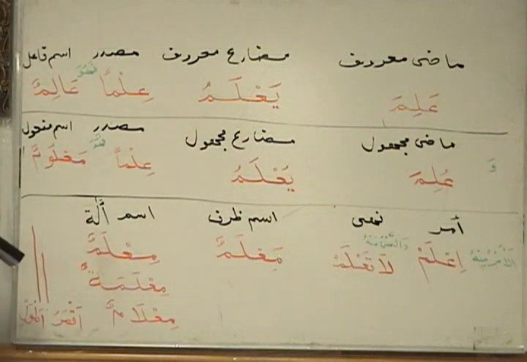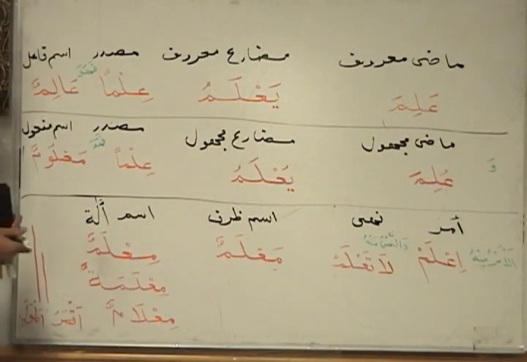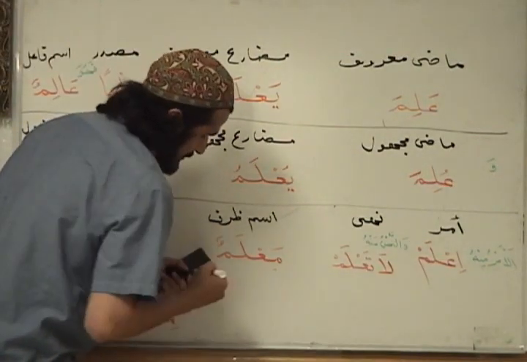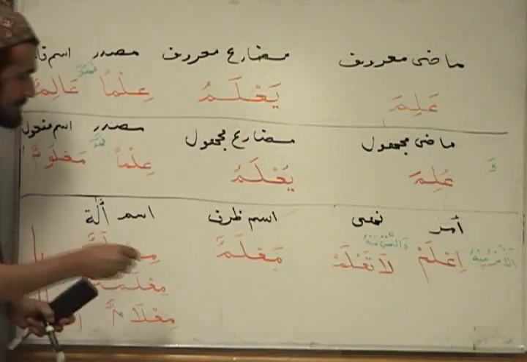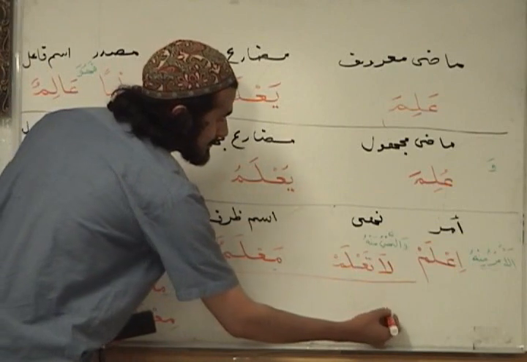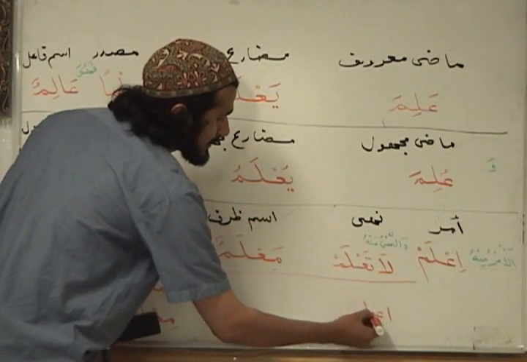So that gives away the form. The form is أفعل. So from علم يعلم would be أعلم.